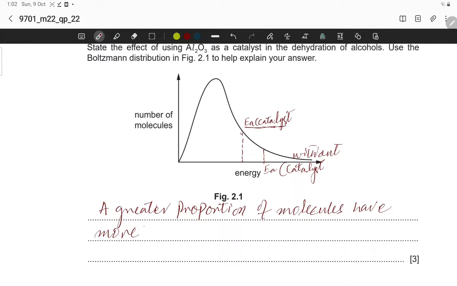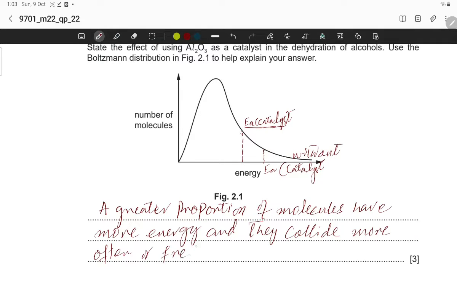They collide more often, or you can write the frequency of effective collisions.